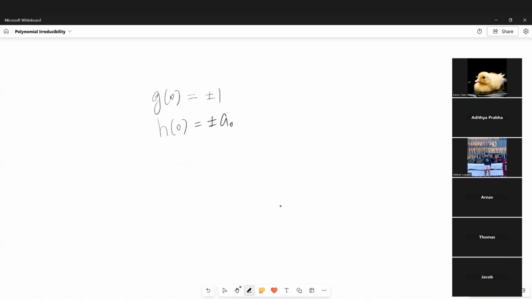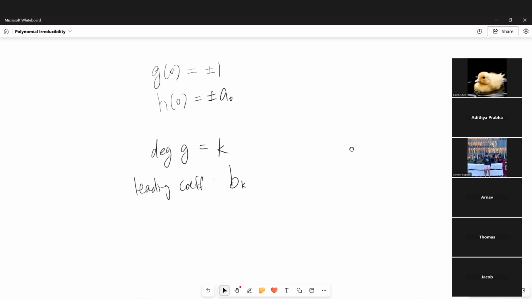and then let the degree of g be equal to k, just like in Eisenstein's criterion, but this time we don't need the whole polynomial. And let the leading coefficient be bk.